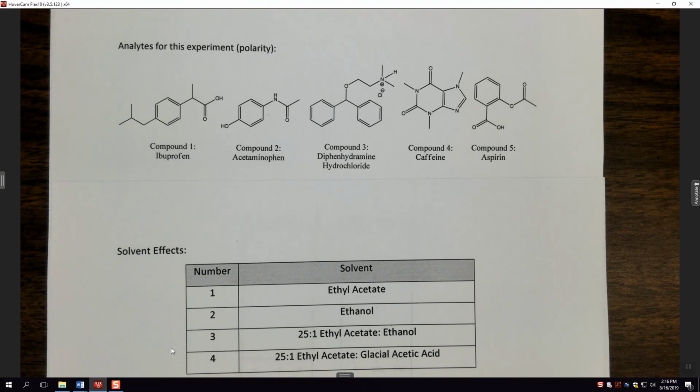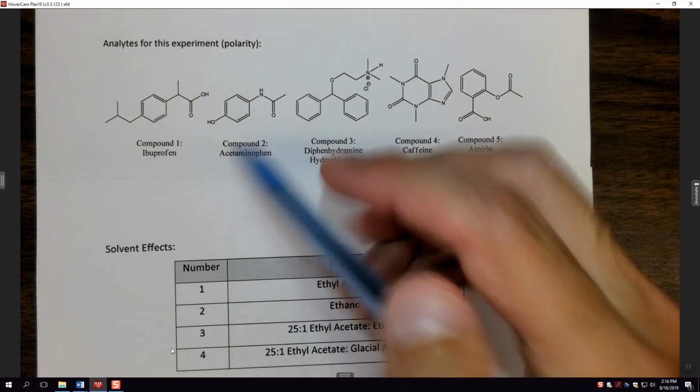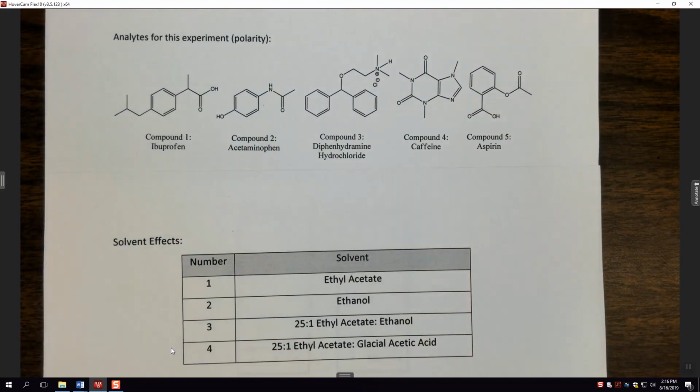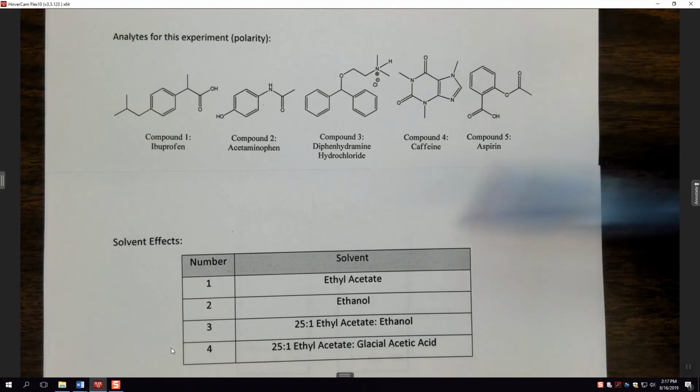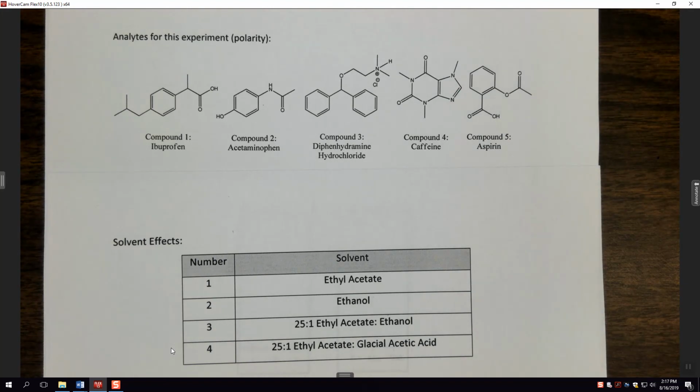However, if you give it an honest effort, okay, you could say this one has more non-polar hydrocarbon type groups, and it's a good guess. Okay, will it turn out to be 100% true? I don't know, but your experimental evidence will show you. In the conclusion, you should have a much better idea of the relative polarities of these molecules based on how they elute through the compounds with these four solvents.